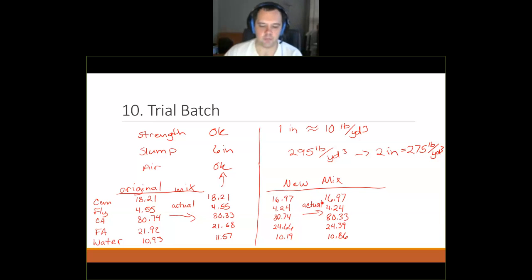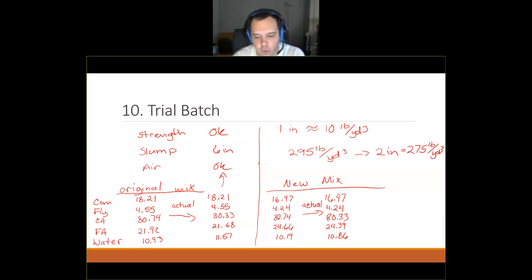All right, so that's how you adjust off of it. Okay, now if your air is off, there were recommendations in the lecture on how to adjust. If your strength is off, you have to adjust the water to cementitious ratio. But what they've done with this whole procedure is to really try to isolate certain parameters to tie them directly to outcomes.